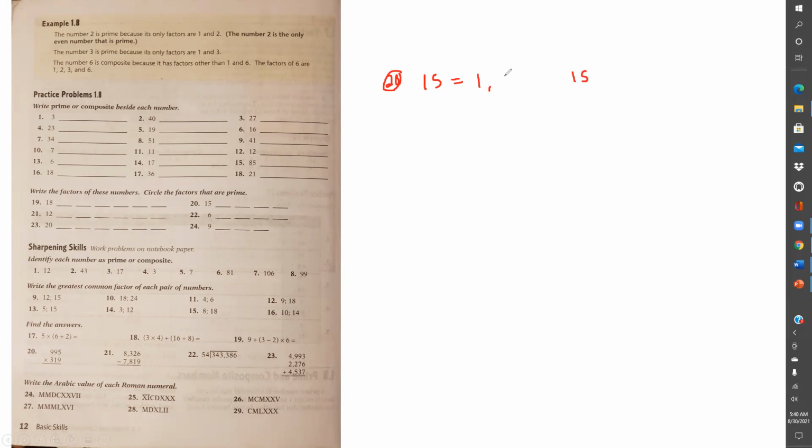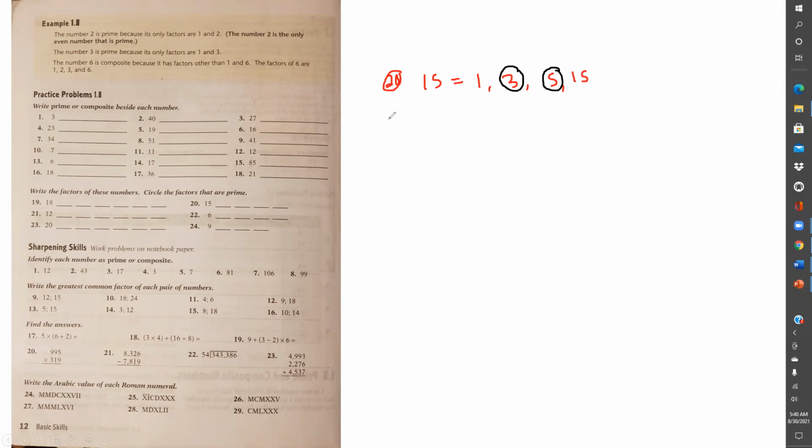And we know 3. And we know 5. Then it says to circle the ones that are prime. Well, we know 1 is neither prime nor composite, so don't circle 1. But 3 is prime. And 5 is prime, 15 not prime. All right, so that's what they mean by that. So you would list out the factors and circle the ones that are prime.